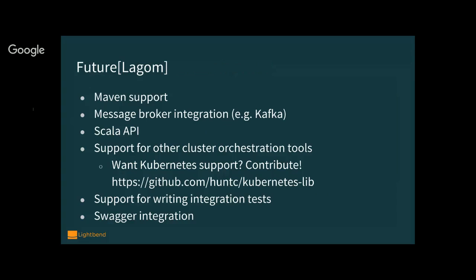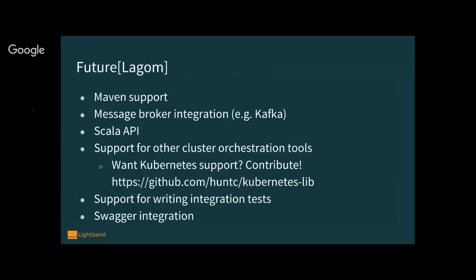Integration between intra-service communication via Kafka instead of REST, or I should say in addition to REST. Obviously the Scala API, and other orchestration tools support, such as potentially Kubernetes and so forth.